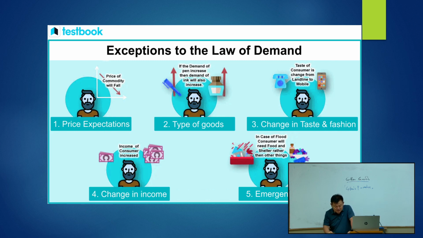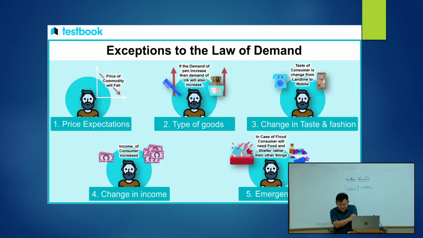If the consumer expects a shortage or scarcity of a particular commodity in the near future, then they would start buying more and more of the commodity in the current period, even if the prices are rising. So it is a specific case, flood, earthquake, or something like that.